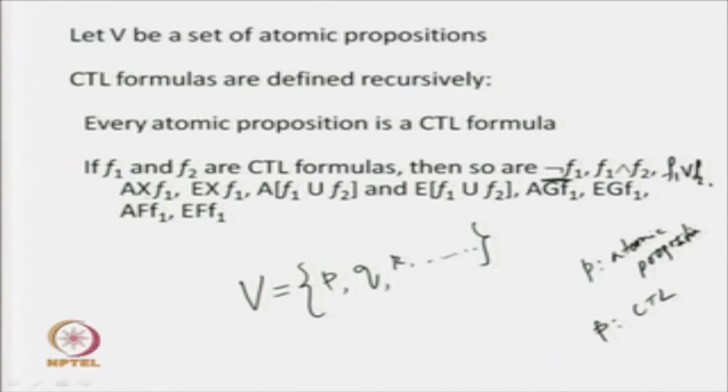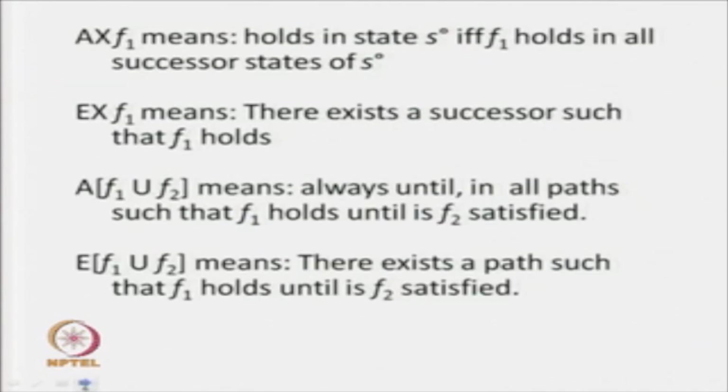Then AX F1 is also a CTL formula, EX F1 is also a CTL formula, A F1 until F2 is also a CTL formula, and E F1 until F2 is also a CTL formula. Similarly, AG F1, EG F1, AF F1 and EF F1 will be CTL formulas. This way we can construct our CTL formulas.